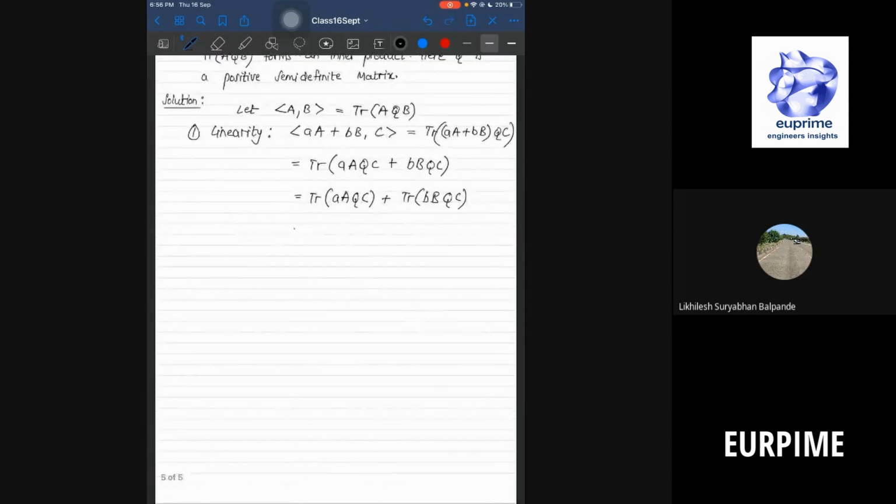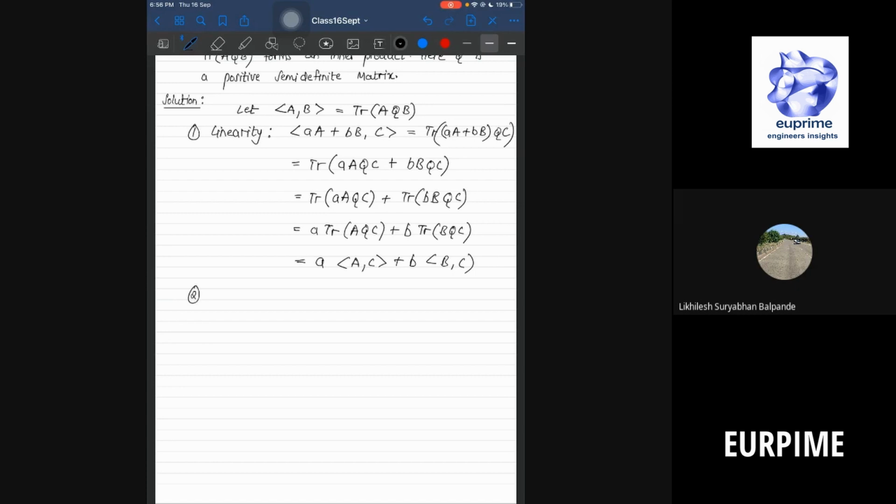This can further be simplified as α times trace of AQC plus β times trace of BQC, which is equal to α times inner product of A, C plus β times inner product of B, C. So the linearity property is satisfied.